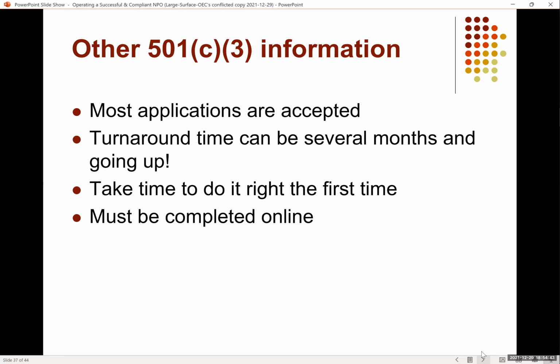But the key thing, and that's why I was saying, is to make sure you answer and address their questions. Because if you can do it right the first time, you don't have to send it back and go back into the queue. And again, everything's online.